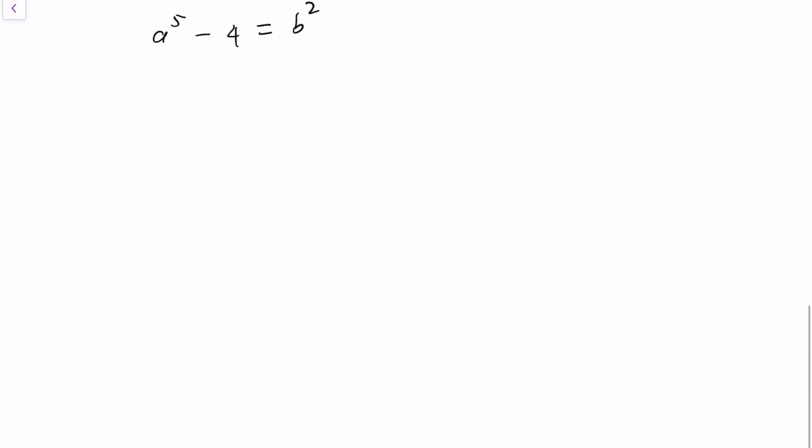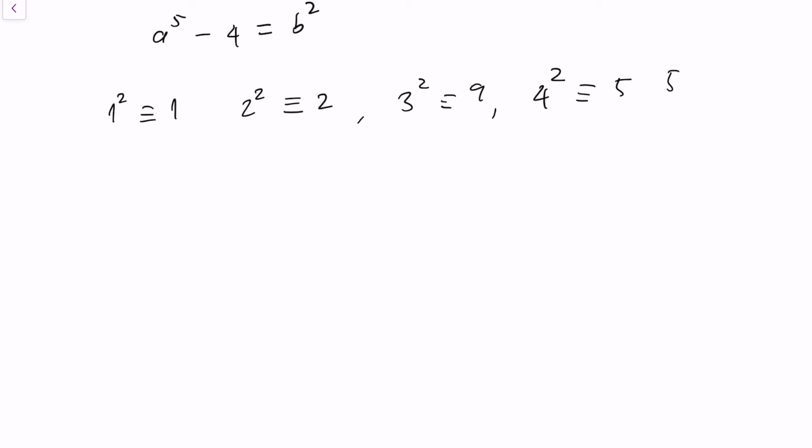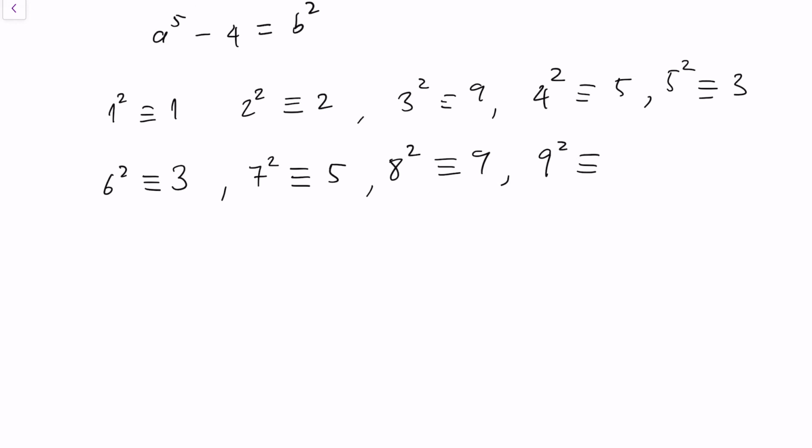If we quickly have a look at the possibilities, 1 squared is just 1 in mod 11, 2 squared is 4, 3 squared is 9, 4 squared is 16, which gives us 5 in mod 11, 5 squared is 25, which is equal to 3 in mod 11, 6 squared is 36, which is 3 in mod 11, 7 squared is 49, so that's 5, 8 squared is 64, so that's equal to 9, 9 squared is 81, so that's equal to 4, and 10 squared is 100, which is equal to 1 in mod 11, right?